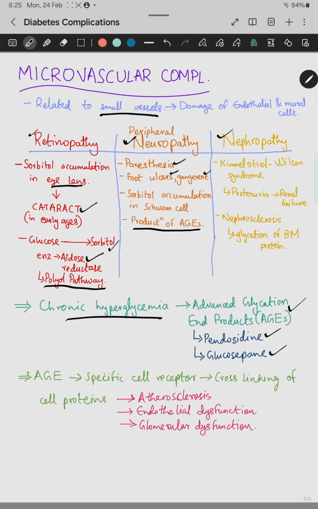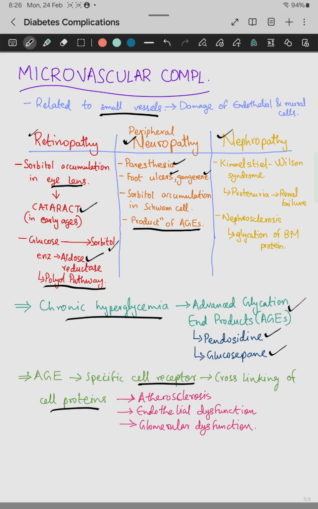These advanced glycation end products bind to specific cell receptors, and this binding causes the production of several second messengers and third messengers. The final result of binding to the receptor is cross-linking of cell proteins, that is, the proteins found in the cell.